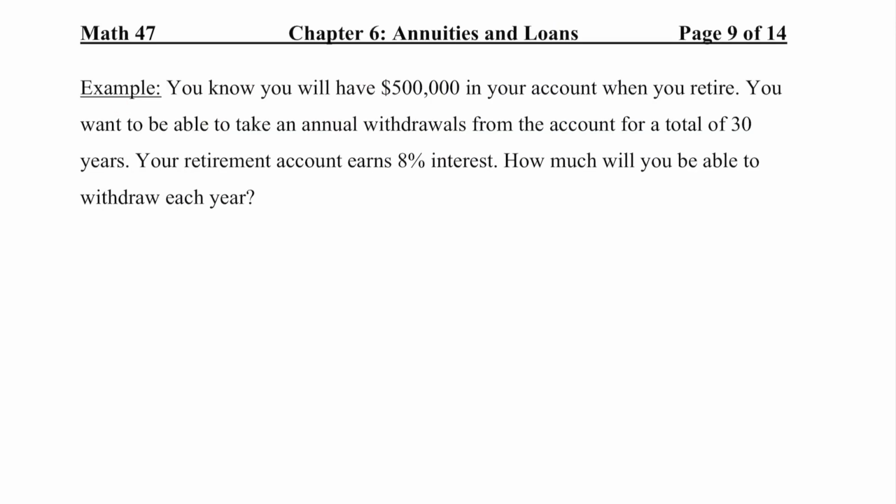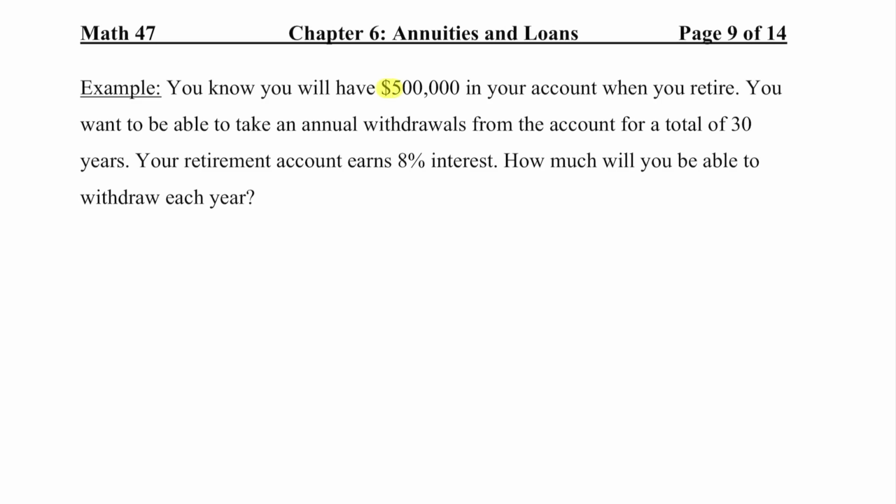Example: you know you will have $500,000 in your account when you retire. You want to be able to take annual withdrawals from the account for a total of 30 years. Your retirement account earns 8% interest. How much will you be able to withdraw each year?